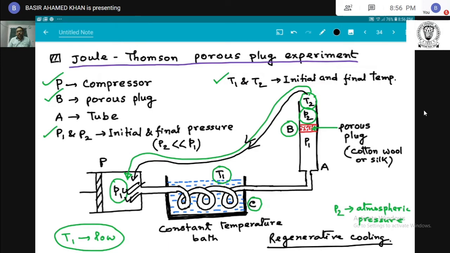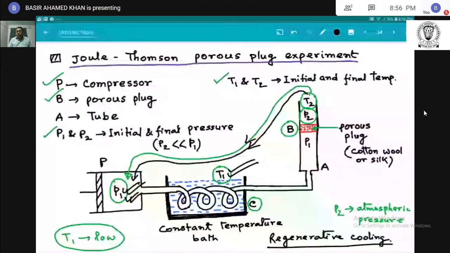I want to say here, the point is that if the initial temperature T1 is not lower than the certain temperature of a particular gas, then after expansion the gas becomes hotter instead of cooled.